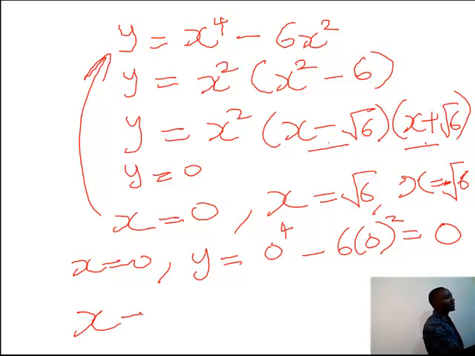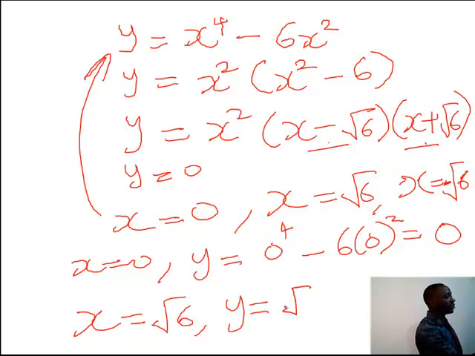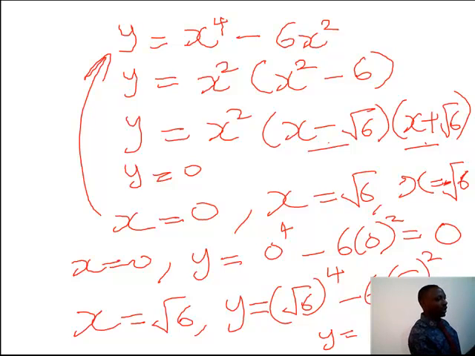When our x equals square root of 6, our y is now going to be square root of 6 raised to the power 4 minus 6 times square root of 6 squared. So our value of y is going to be 0. This will be 36, and this will be 36 also. 36 minus 36, we are going to have 0.